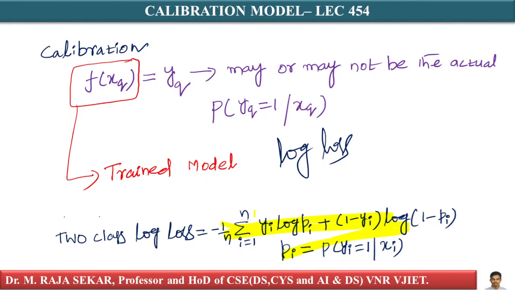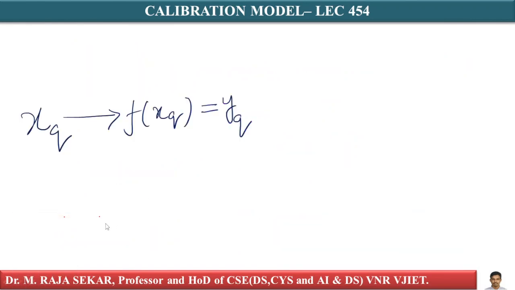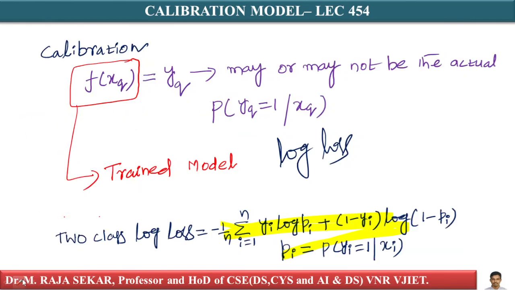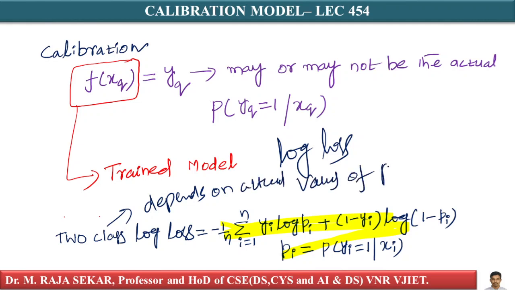Remember this formula, this log loss which we use a lot in machine learning, depends on the actual value of the probabilities, isn't it?